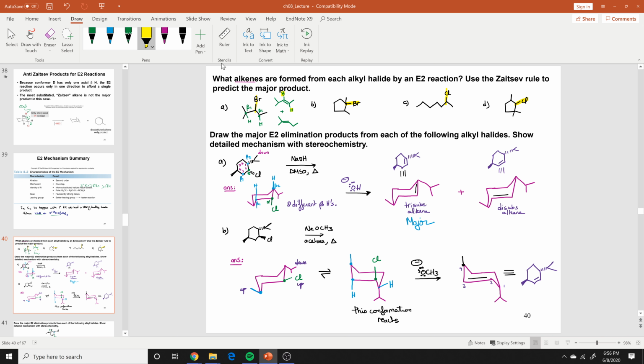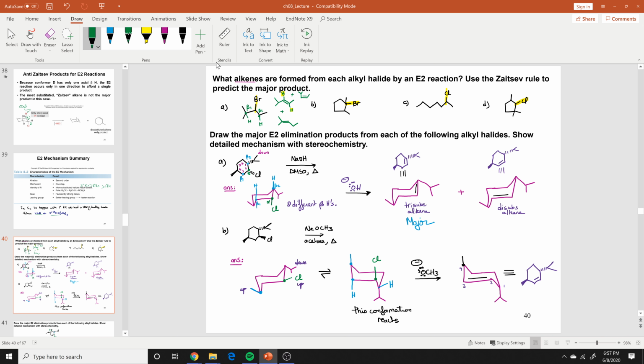These hydrogens are the same groups, and the same groups on opposite sides is considered to be trans. You have to write your cis product too. So I'm just going to do plus over here. I can say plus the cis isomer or draw the cis isomer. So in this case, let's go ahead and draw that. And that is going to be my cis isomer over here.